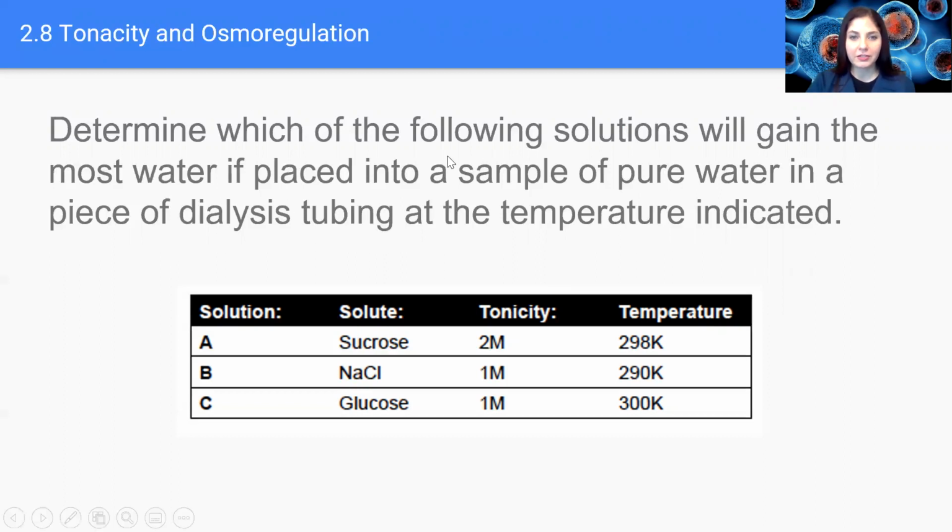So we're given different solutions. We have sucrose, which we know has an ionization constant of 1. And then we also know that the molarity is given, all right? We have 2 molar. So we have our concentrations, and it even gives us our temperature, so we don't have to calculate the temperature. So in this instance, we would basically just plug and chug.